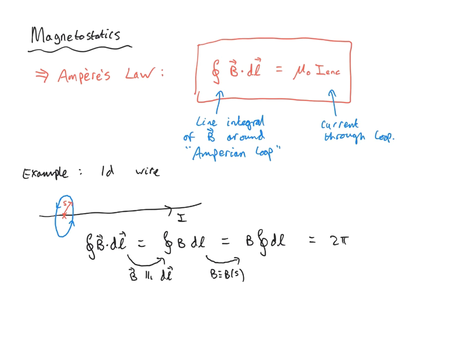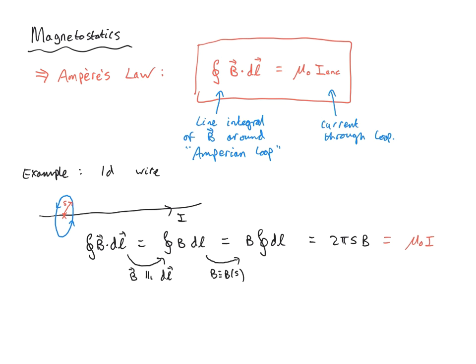It's 2 pi s for the circumference of the circle times B. And we know that this is equal to the current enclosed by the loop, and we just have one wire passing through the loop with current I, and so the total current passing through the loop is just I.